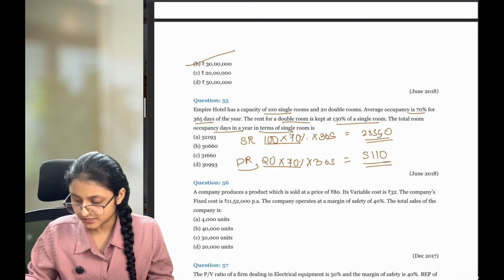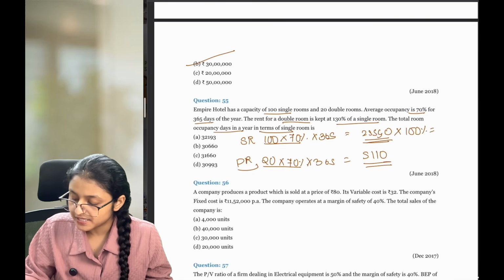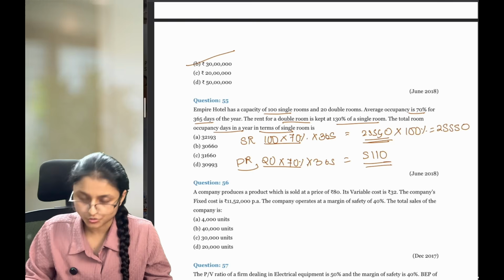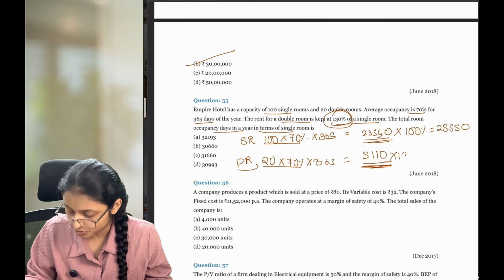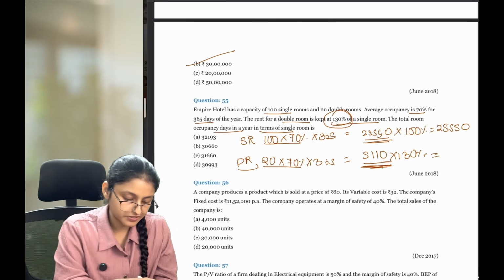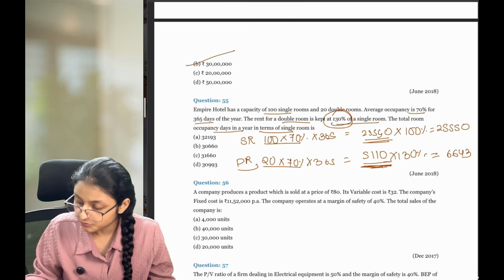So what we do in equivalent unit calculation, we already know that this is single room only. Hence multiplying it by 100%, this gives me 2550 only. But this is double room which has a rent of 130% of single room. So I'll directly multiply this 130%. I'm getting 6643. Now what does that mean?